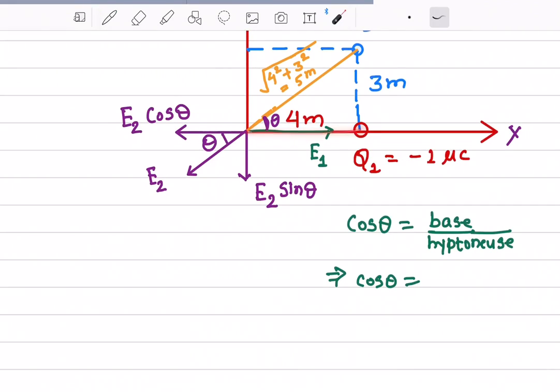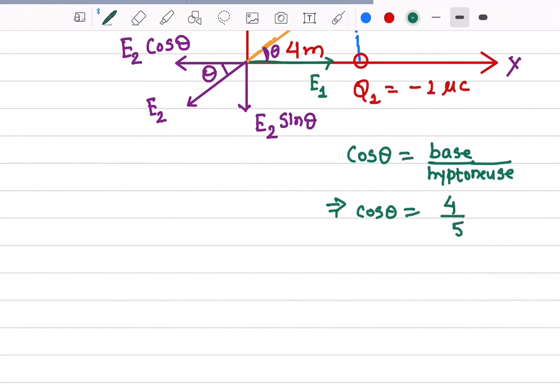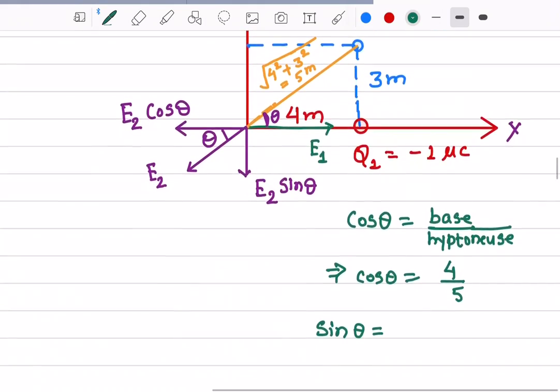What is the base value? The base in this case is 4 and the hypotenuse is 5 meter. So we can write 4 divided by 5.